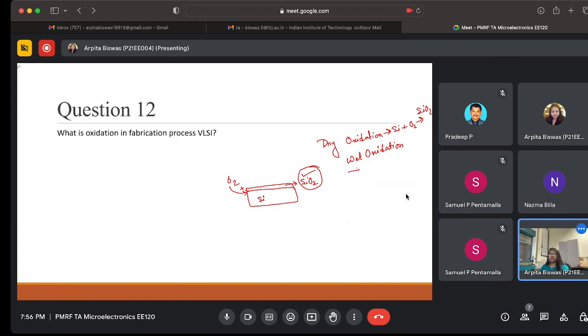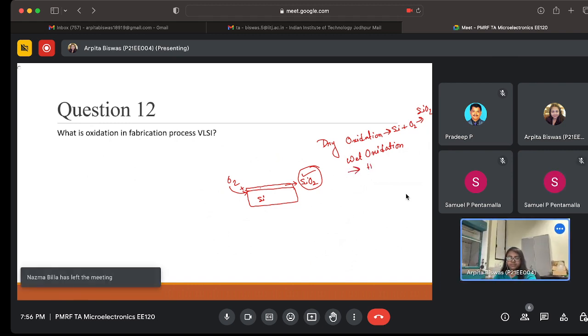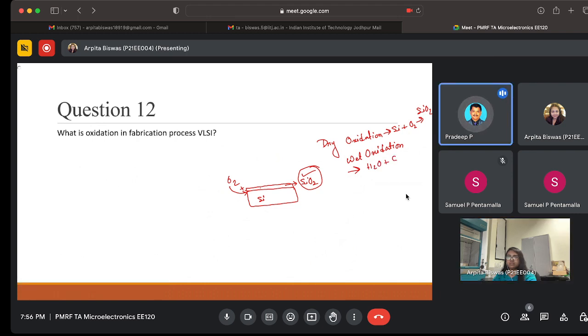And what is the wet oxidation process? You can see the equation. Okay, so mainly the water vapor, oxygen, and silicon react and it produces the oxide and the hydrogen.